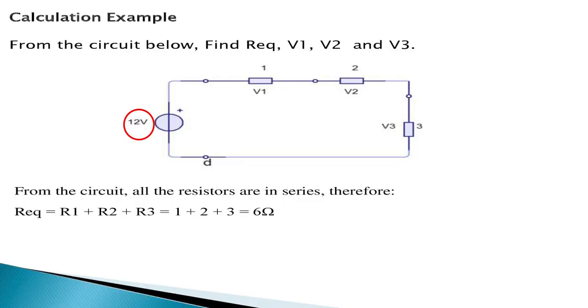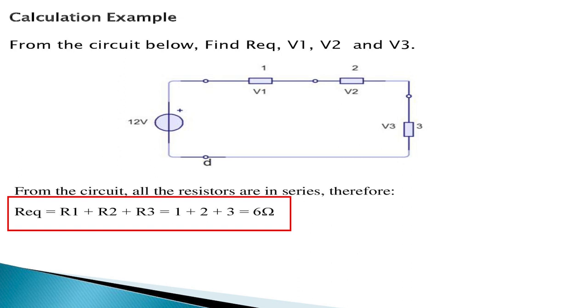So I'm going to give you an example of this circuit here, where we have a source voltage of 12 volts. Our R1 is 1 ohm, R2 is 2 ohms, R3 is 3 ohms. Since they are connected in series, our R equivalent will be equal to R1, which is 1, plus R2, which is 2, plus R3, which is 3. So 1 plus 2 plus 3 gives us 6 ohms.